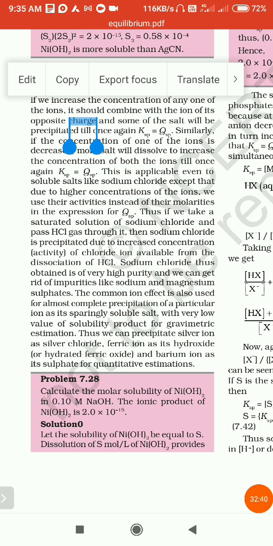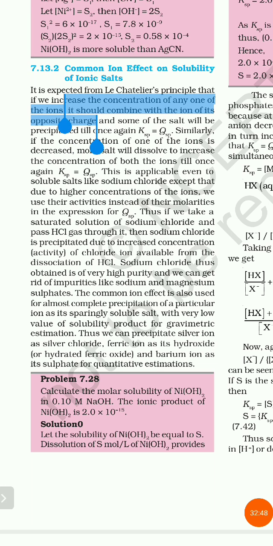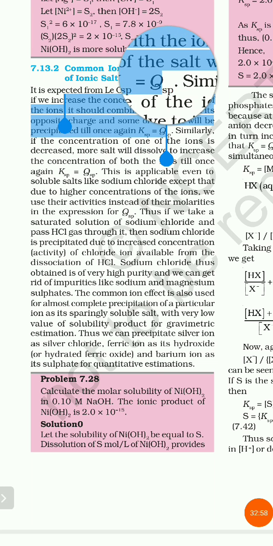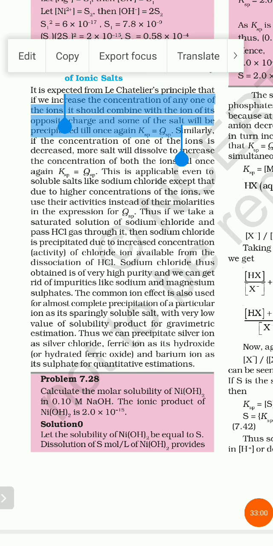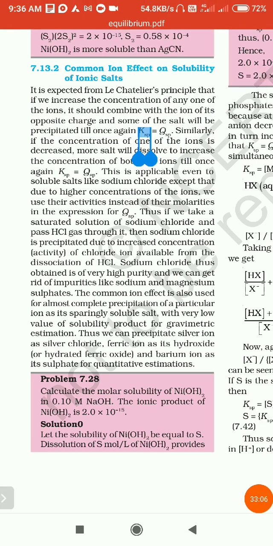So some of the salt will be precipitated till once again Ksp is equal to Qsp.